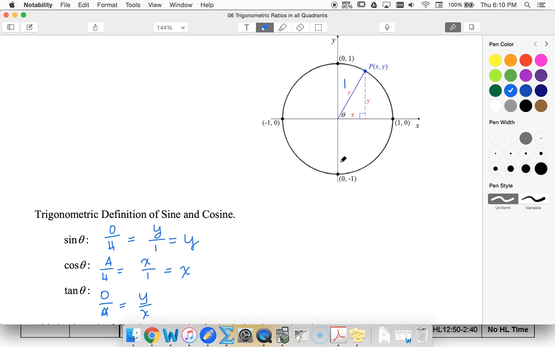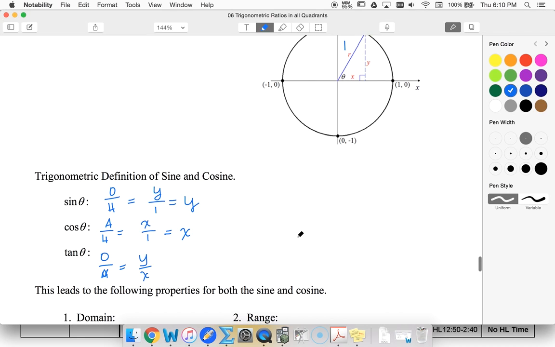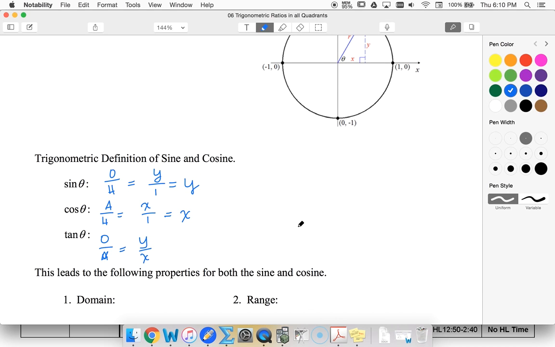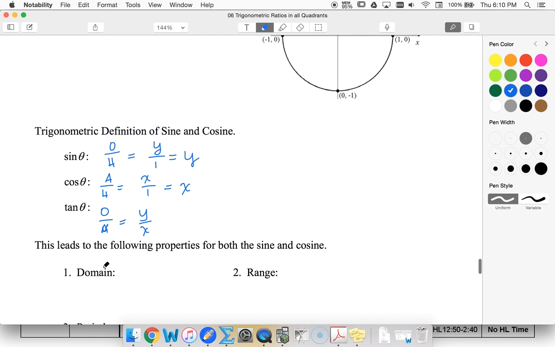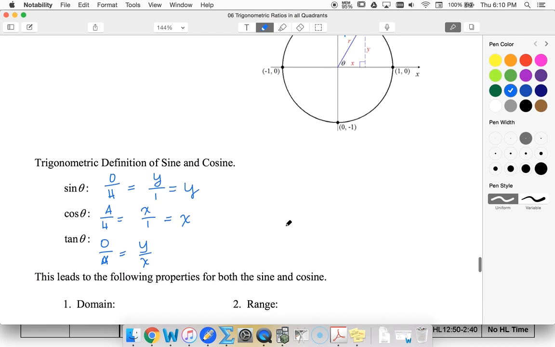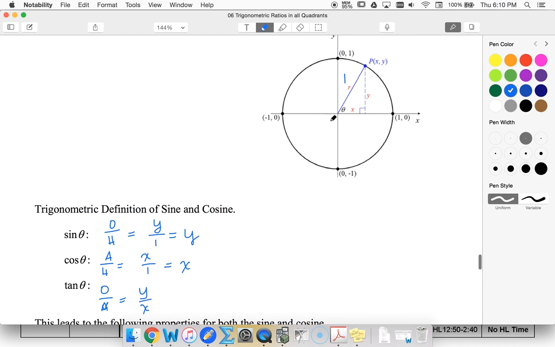So I can also think about what this means for properties for both sine and cosine. So domain, I'm going to think about all of my x values that are allowed. So notice that my x values are going to go between 1 and -1.